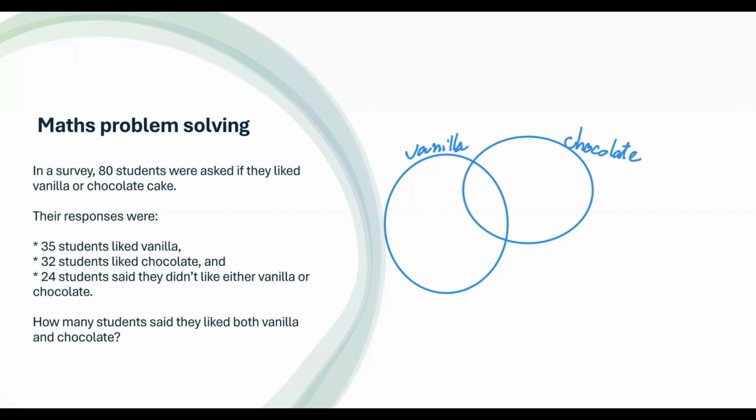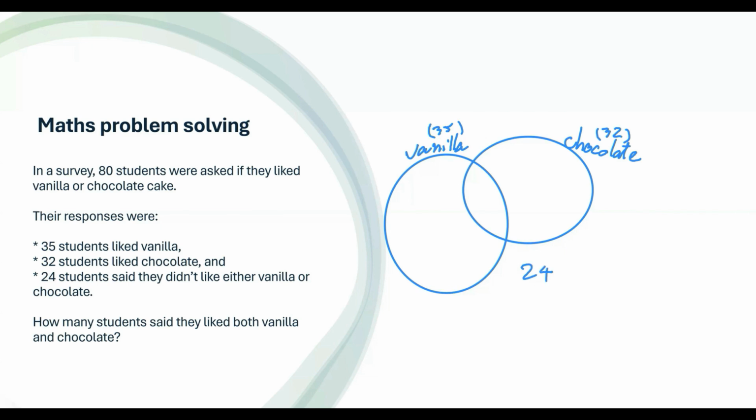Now, we know we have 80 students. We know 35 students like vanilla, so we put 35 here. Now chocolate, we have 32 there. And 24 said they didn't like either vanilla or chocolate, so you've got 24 out there.